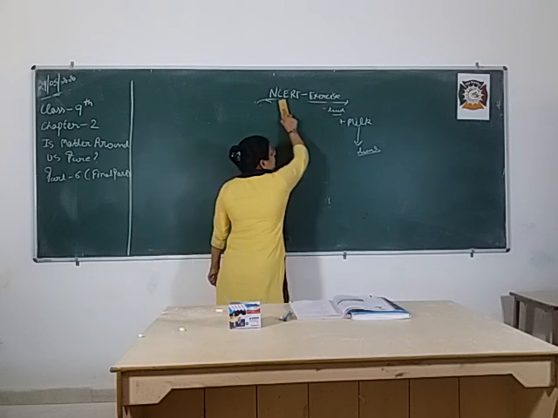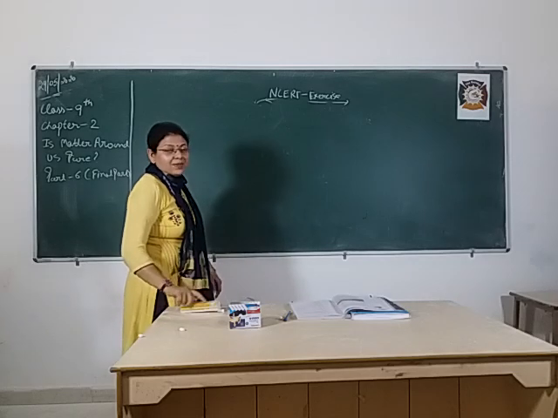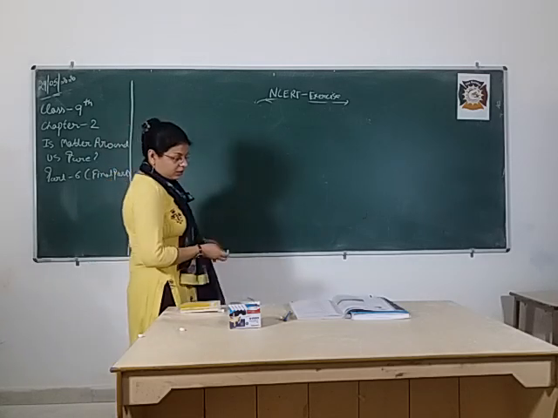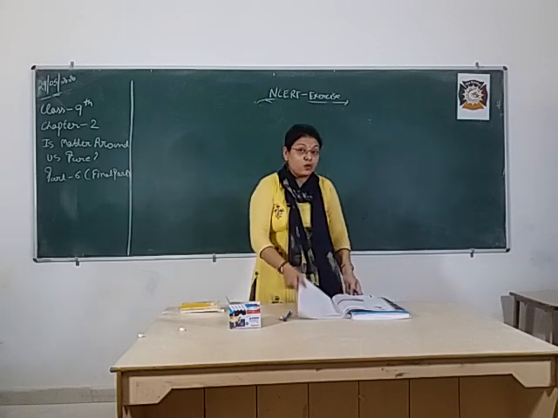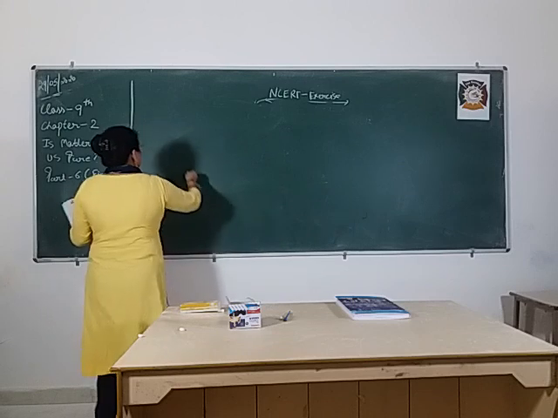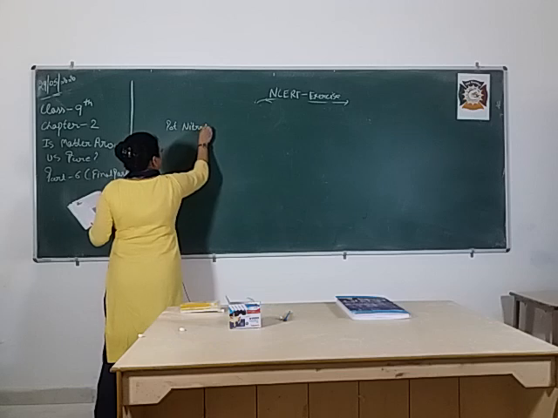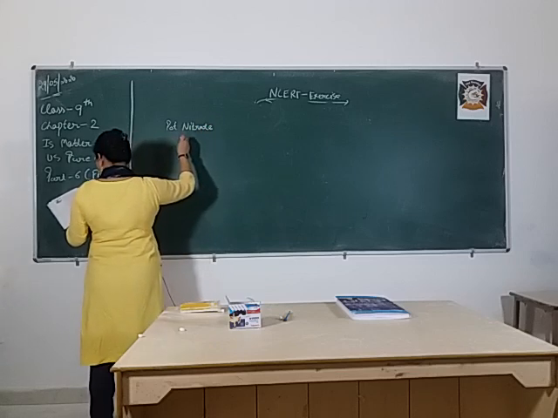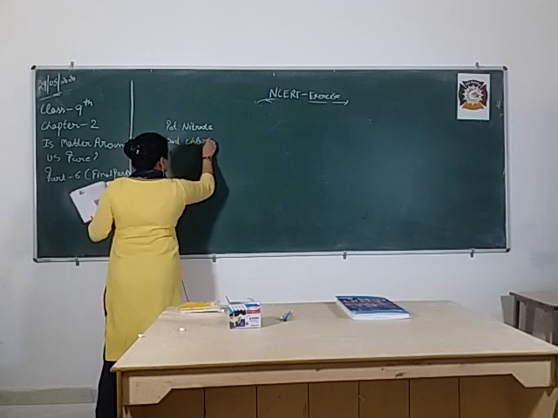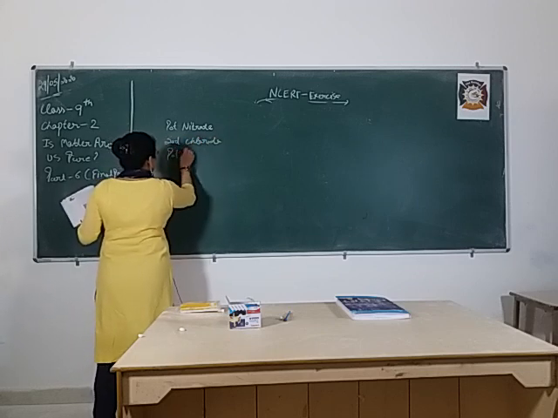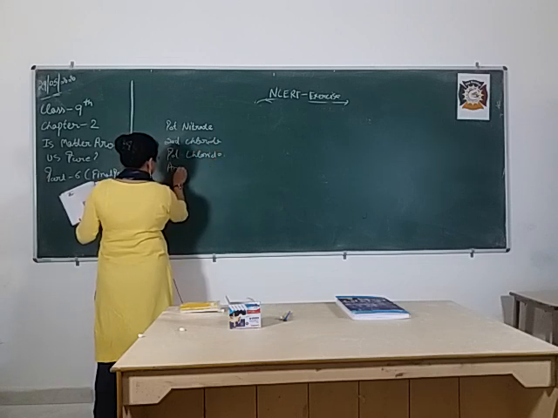So the third question is a very important question and is a very conceptual question based on the concepts. Here a student tries to dissolve 4 different things. These 4 different things are: first is potassium nitrate, the second one is, bache, sodium chloride, then potassium chloride, and the last is ammonium chloride.